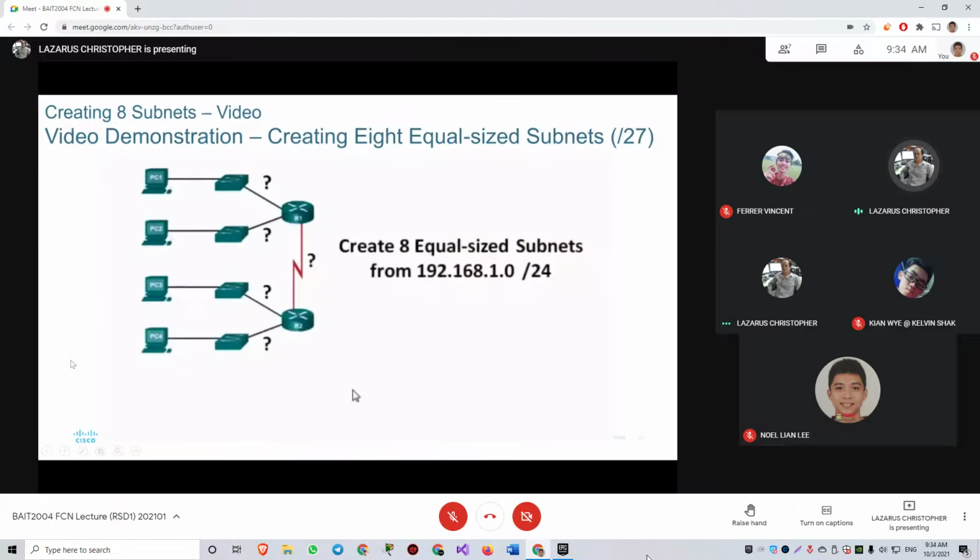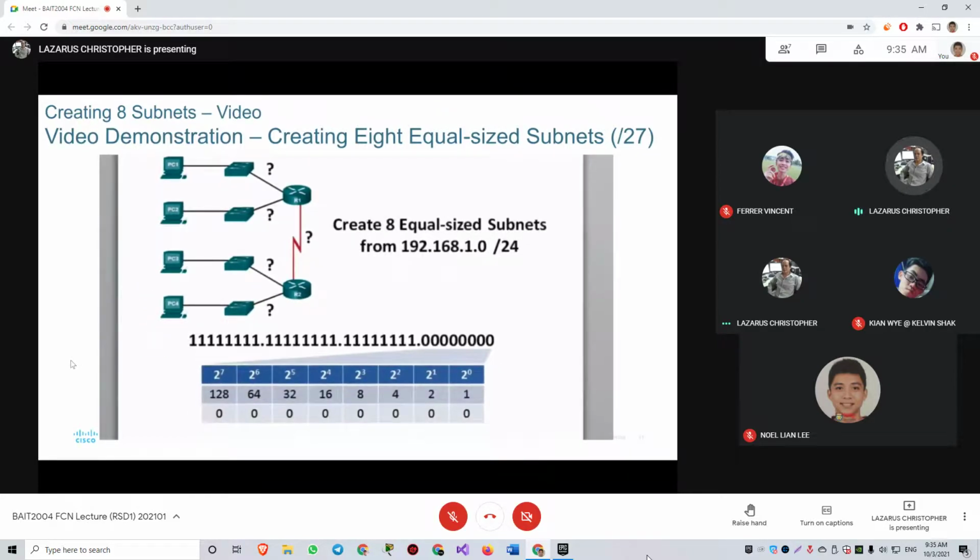In this situation, we need to create 8 equal size subnets starting from the 192.168.1.0/24 network. We actually only need to create 5 subnets, but since subnets are created in powers of 2 starting from 2, we'll need to create 8 equal size subnets in order to accommodate the 5 subnets necessary in this diagram. So first, I write out the subnet mask in binary, 24 ones for a /24 network.